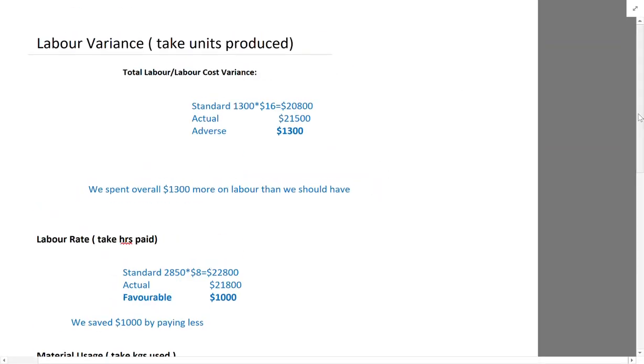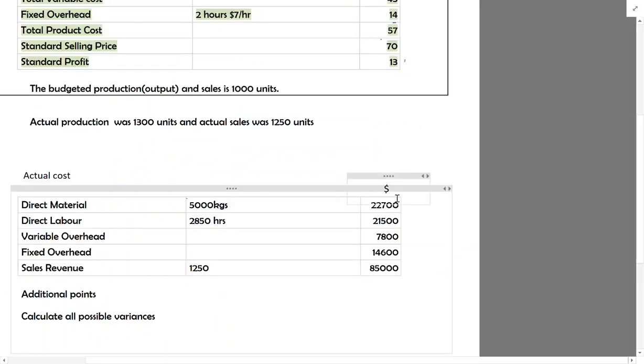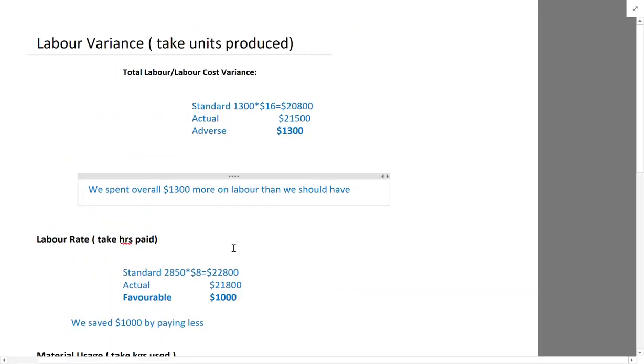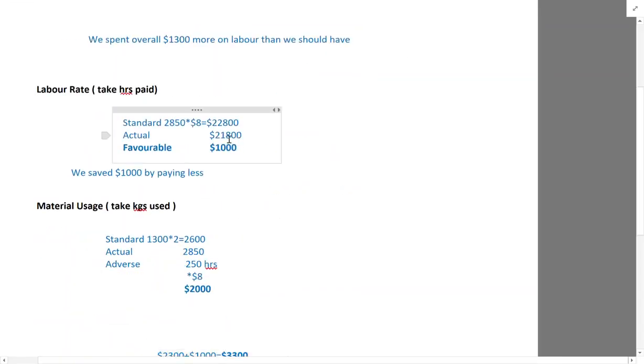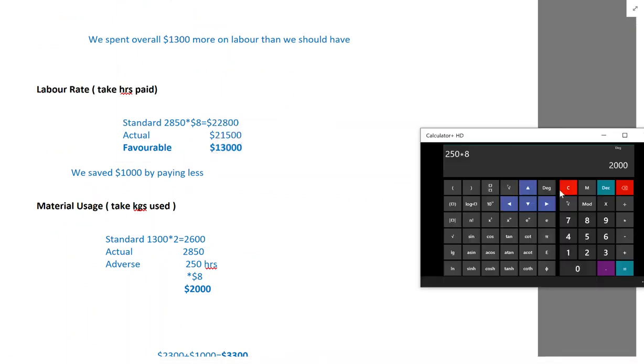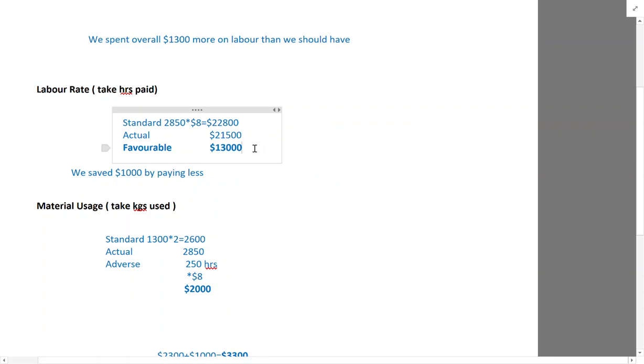Total is 700. Just use calculator. 22,800 minus 21,500. 1300, yeah. 1300 favorable.